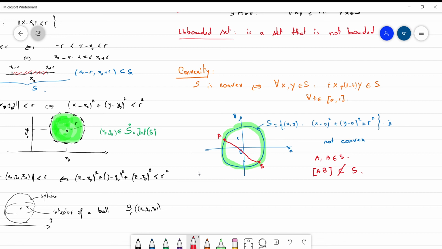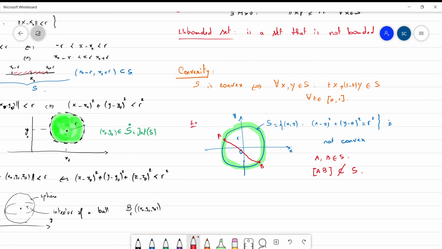Okay, so we have families of sets that are convex. A plane, for example, in space, is a convex set. So all linear combinations like that. So this is an example where it doesn't work.